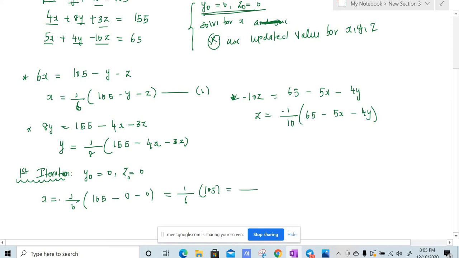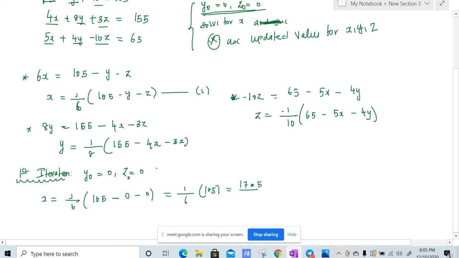So you will get 105 divided by 6, which will be 17.5. You can make use of a calculator.